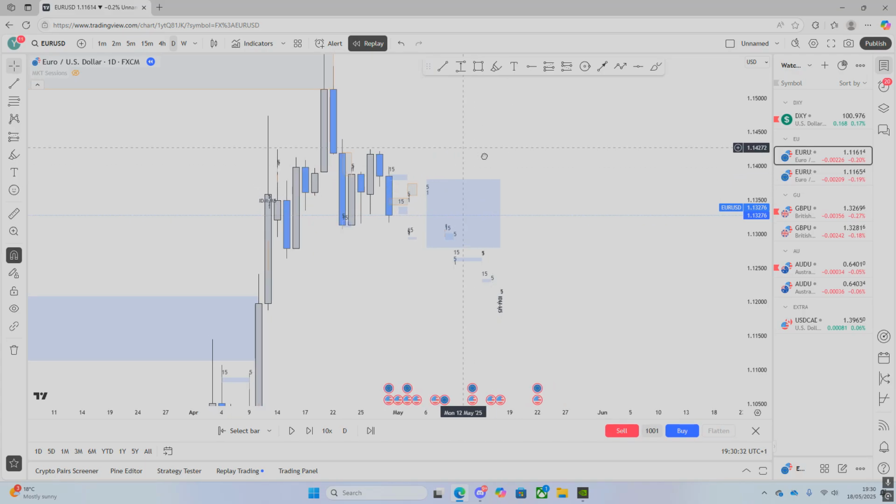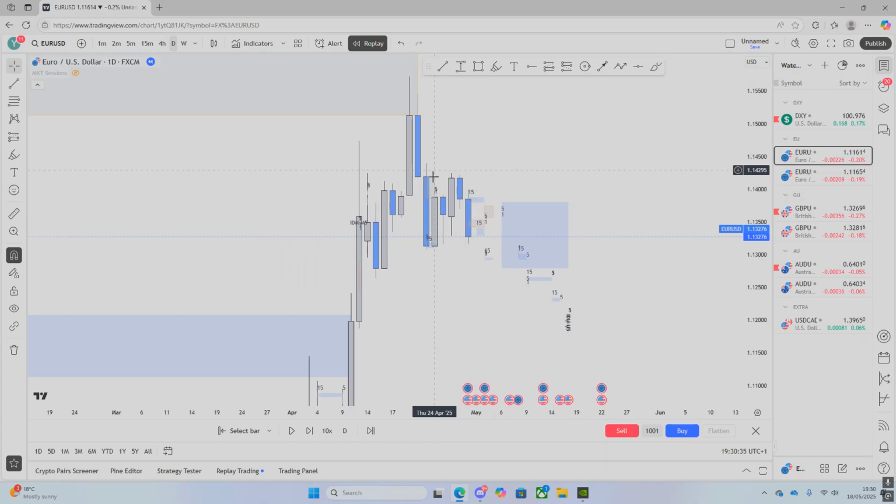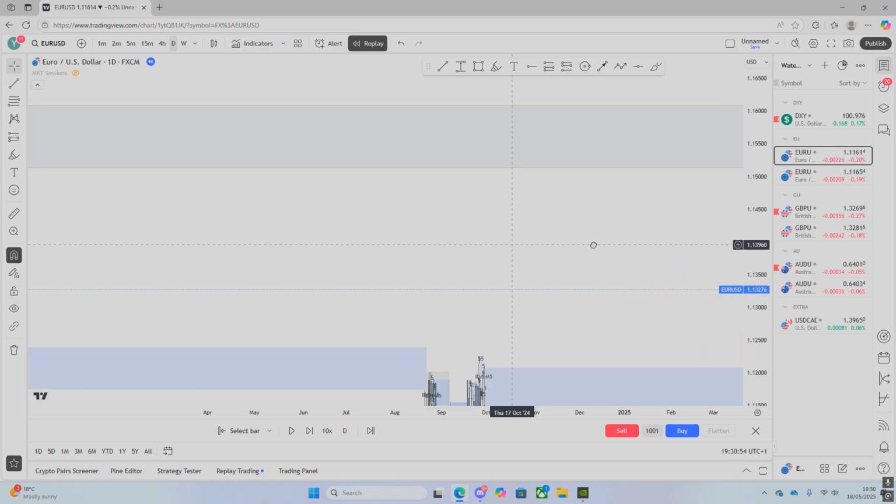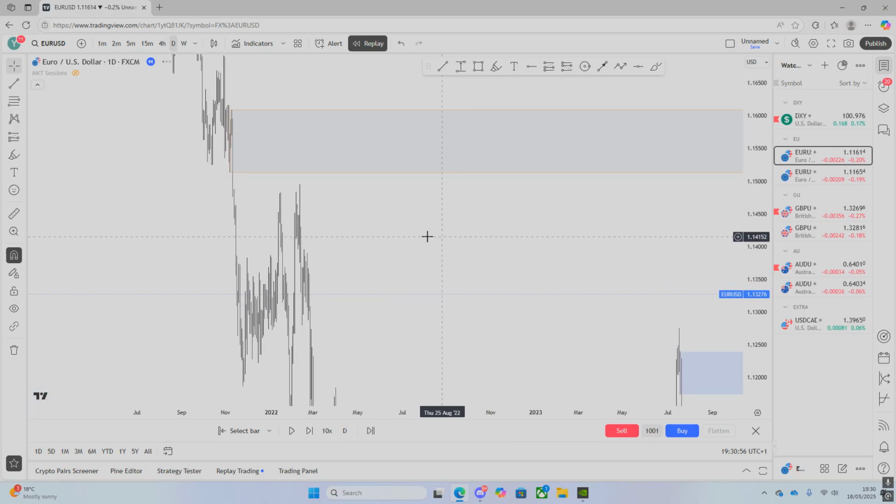Alright, so what do we have here? The daily bias. By the way, I don't use the weekly. I don't know why, but it's just there. But on the daily, we are, well, overall bearish, because we reacted from this POI all the way on the left.